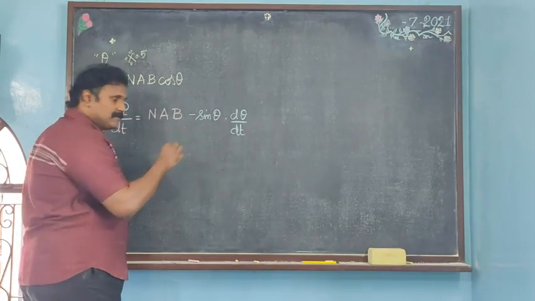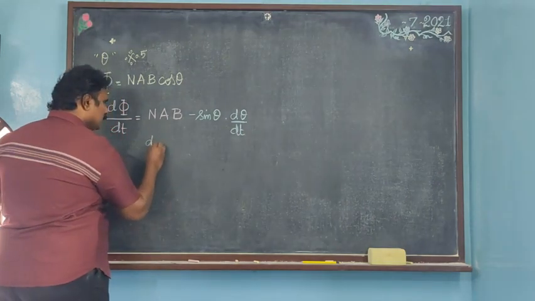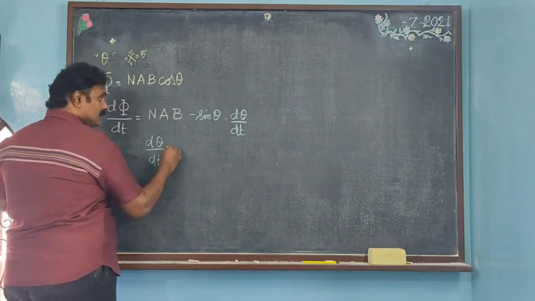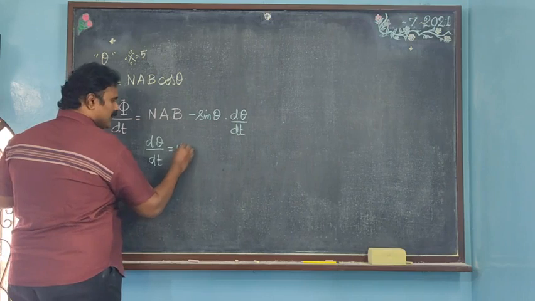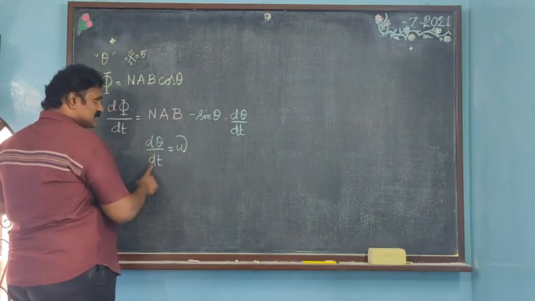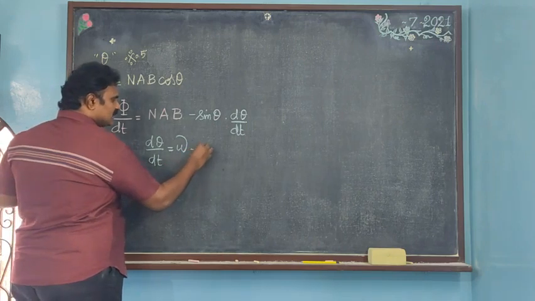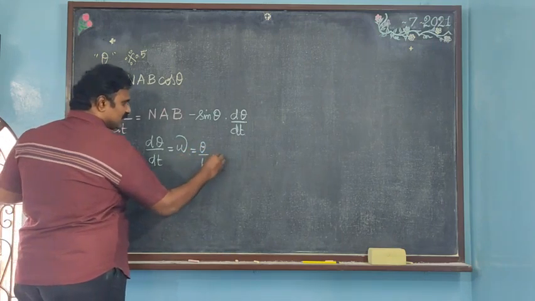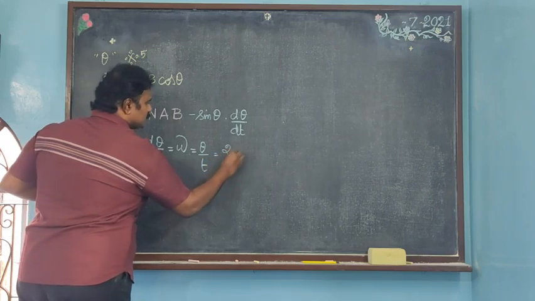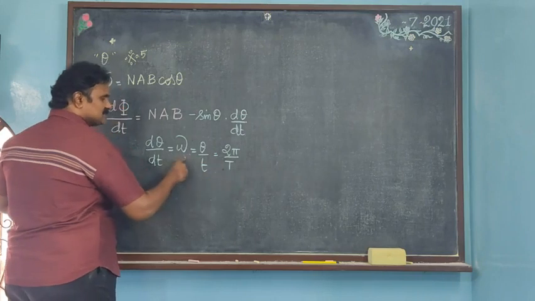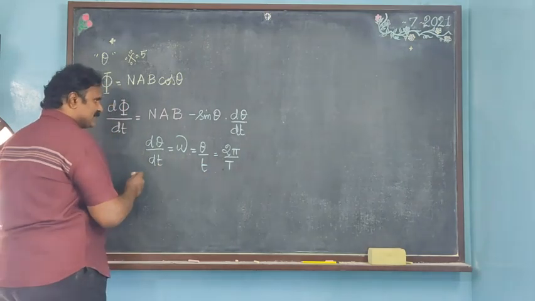Now, once again look at me. You know d theta by dt is equal to omega, the angular velocity, the change in angle with respect to time. I can also write theta by t as angular velocity. I can say 2 pi by T, total angle by total time, is also angular velocity.